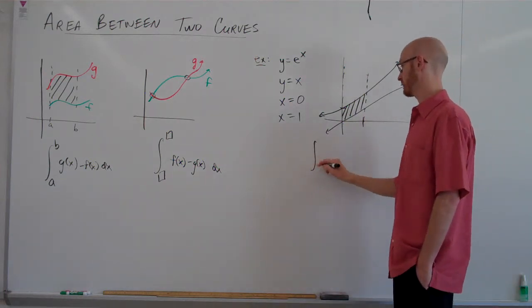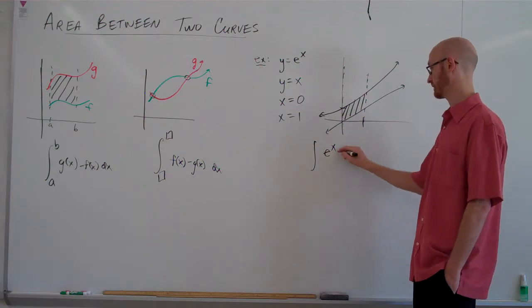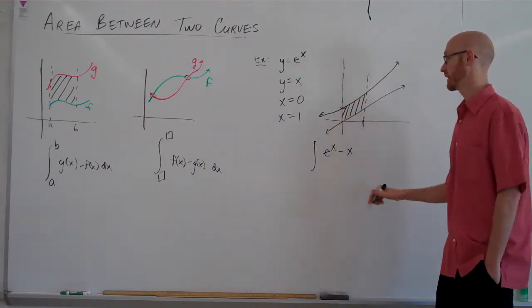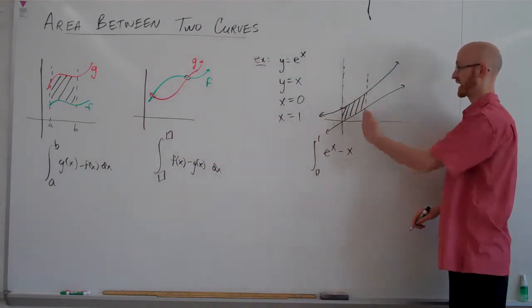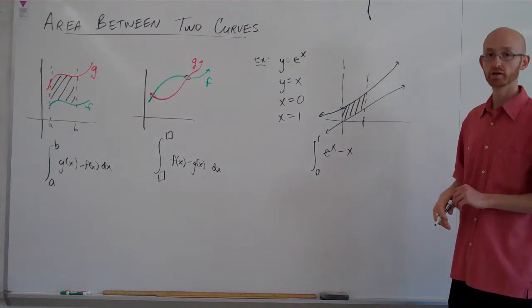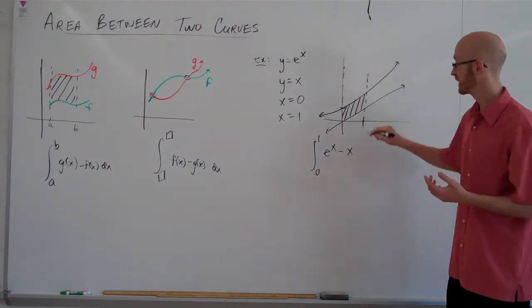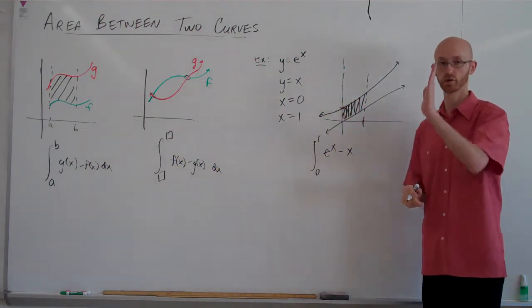So we're going to figure out what function is on top, and of course that's e to the x. And what function is below, and of course that's x. And then we're told to integrate from 0 to 1 because they bound out the rest of the region. If you notice in this case, the integration that we're doing involves little slivers that are going up, right?